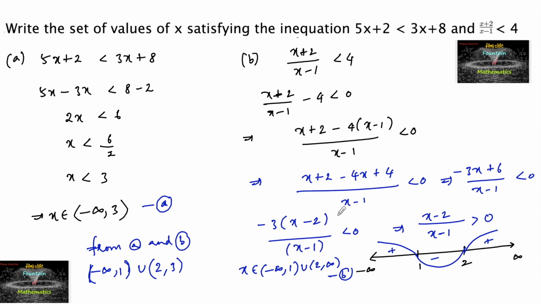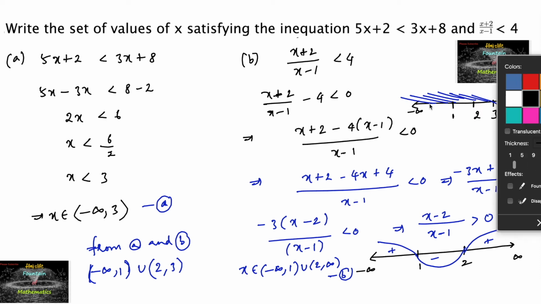Or if you see the number line, let me show here, minus infinity to plus infinity. So up to 3 is the first solution, and the second solution is taken minus infinity to 1 and again from 2 to infinity.